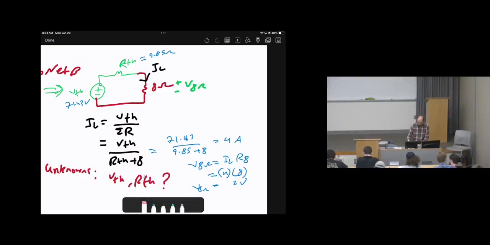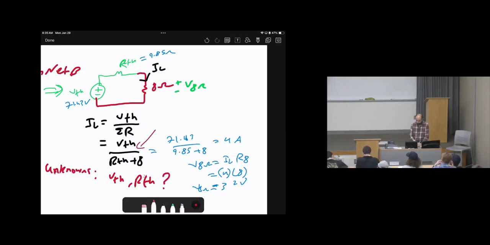So now we calculate them in an easy way. The good thing is R Thevenin and V Thevenin are fixed every time. Now let's assume the 8 ohms has been changed to 5 ohms. What do we need to do? You will only change this formula. Change it here.